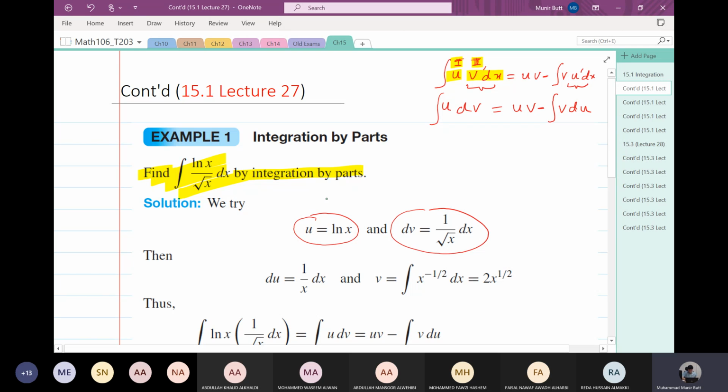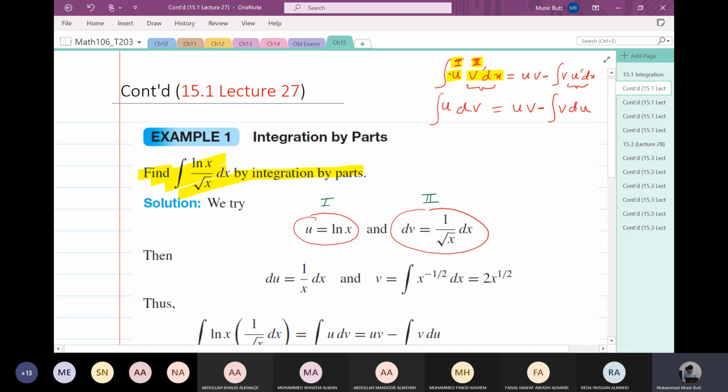You will select the first function and the second function in such a way that the derivative of the first function is easily found, and you will select the second function in such a way that its integration is found easily. You got the point?